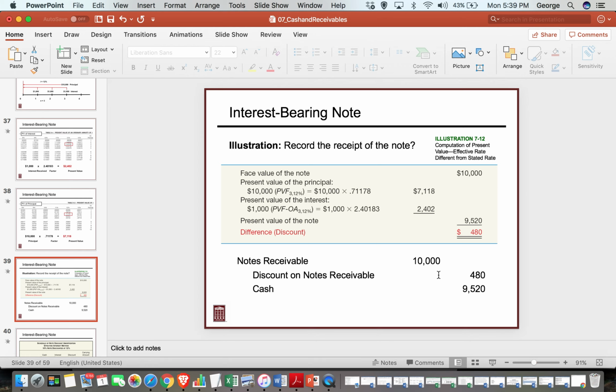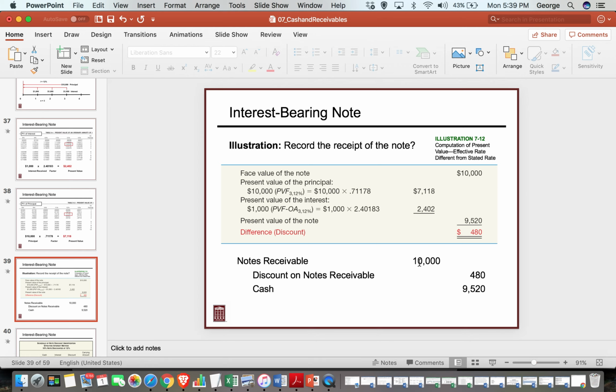So our entry to pay the customer is the discounted amount. We debit notes receivable for $10,000, our discount is $480, and the cash is $9,520. Now the discount is a lot smaller here, because this is an interest-bearing note, not a non-interest-bearing note.